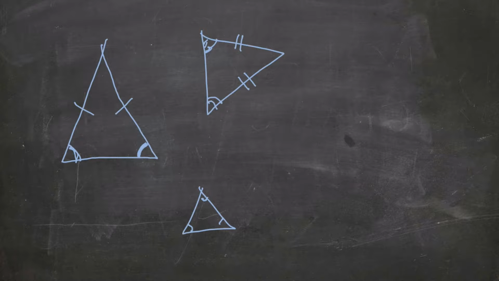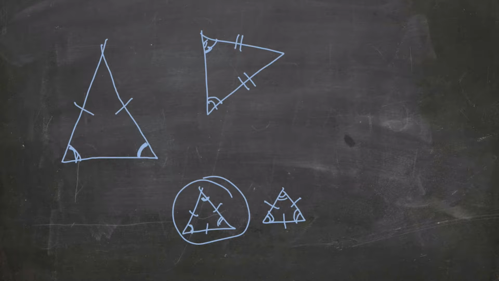We've got more than two sides congruent on equilateral. We got all three congruent, so we know all three angles are going to be congruent as well. Same thing with the converse over here. If you know all three angles are congruent, then you know the three sides across from those angles are going to be congruent.